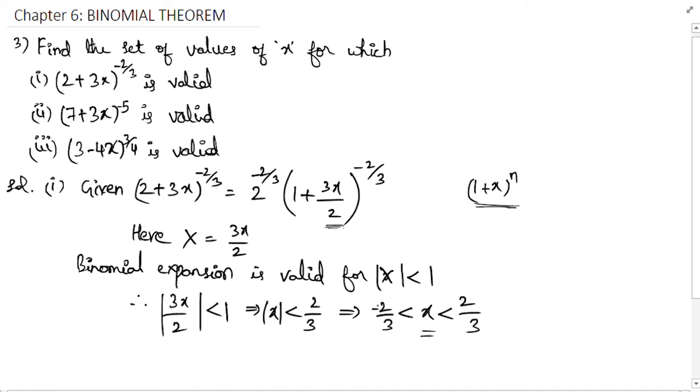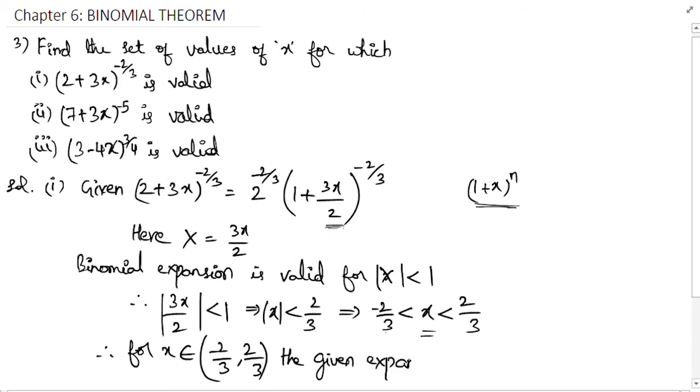Only the values between these two. Therefore, for x belonging to (minus 2 by 3, 2 by 3), the given expansion is valid.